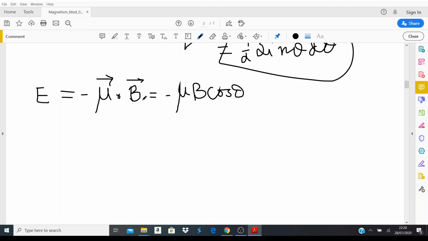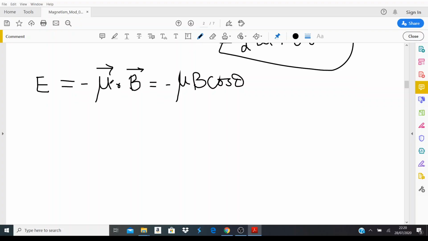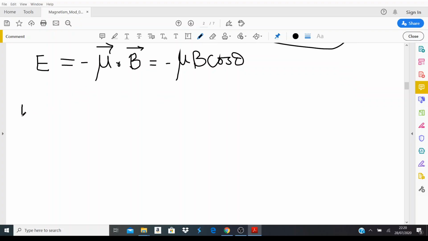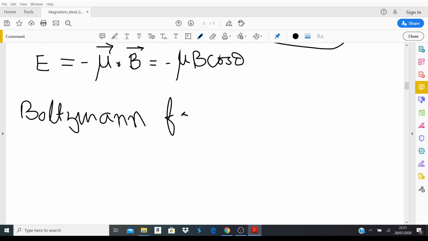Now, I want to introduce one concept from statistical physics. I believe you came across this in your second year: the quantity known as the Boltzmann factor. Once you have the energy of the dipole moment, the next thing I am asking is, what is the Boltzmann factor?